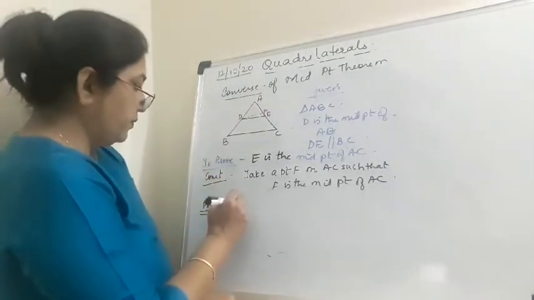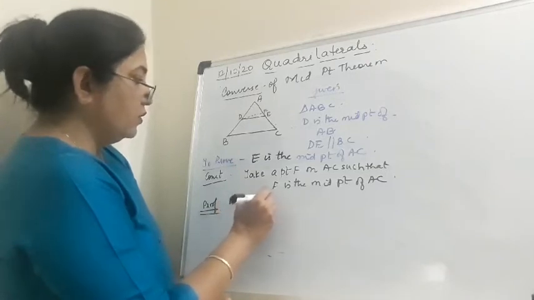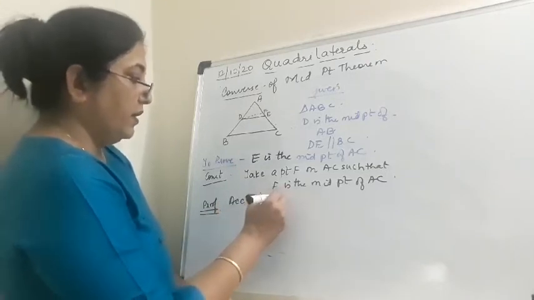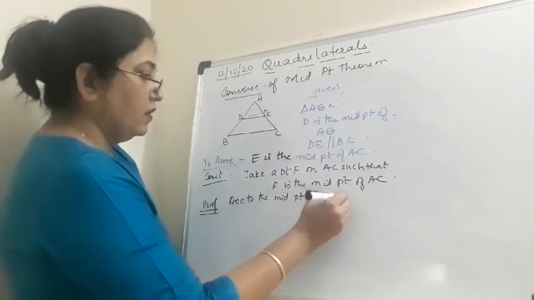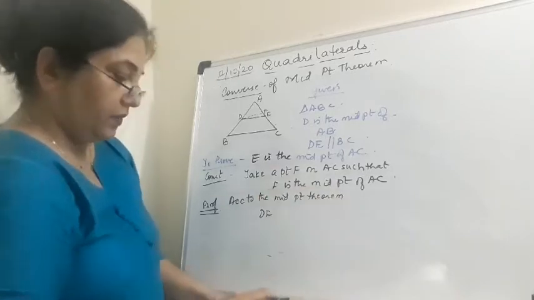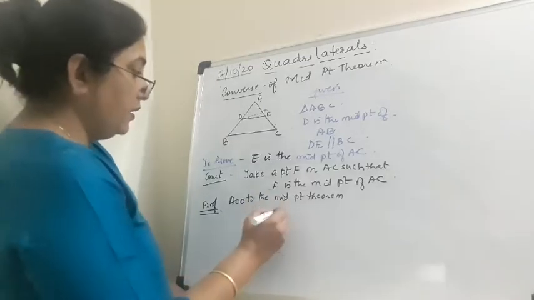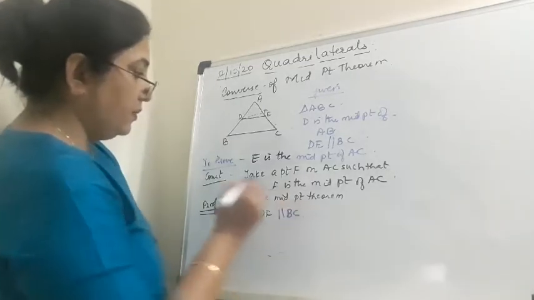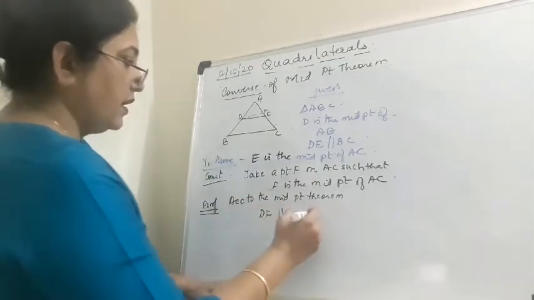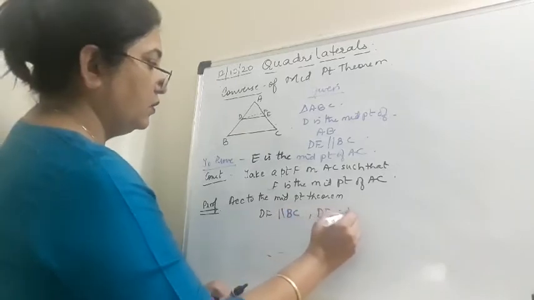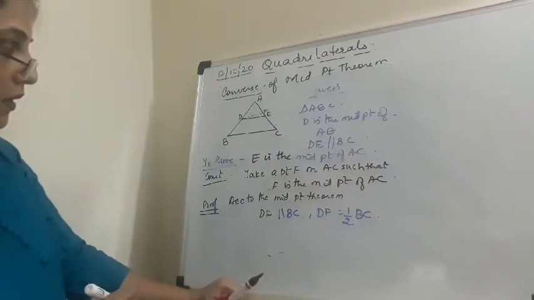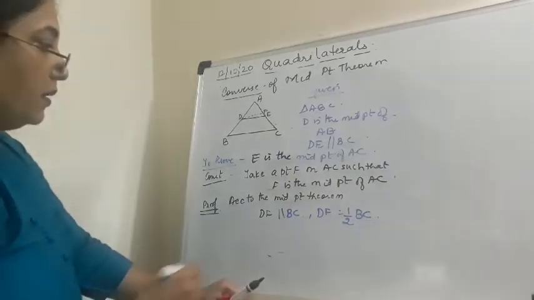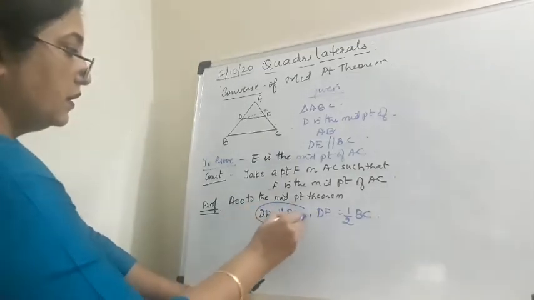So we write, according to the midpoint theorem, DF will be parallel to BC, and DF will be equal to half of BC. Now compare this and this.